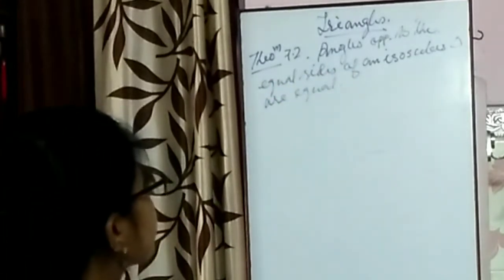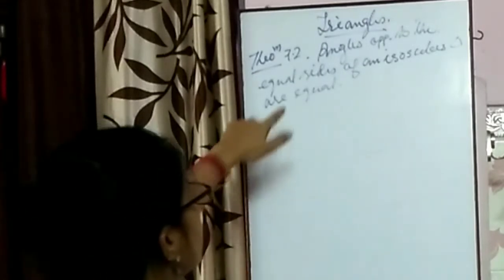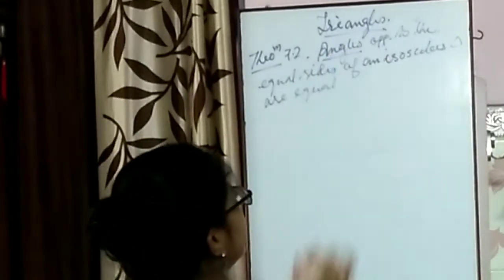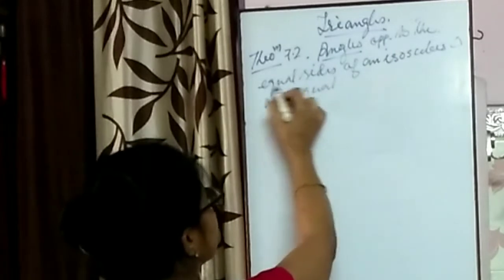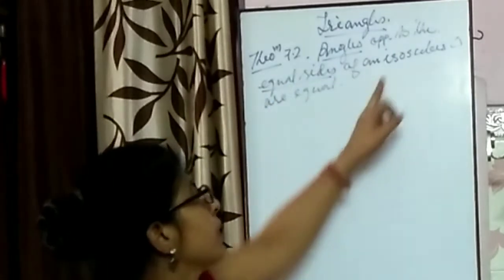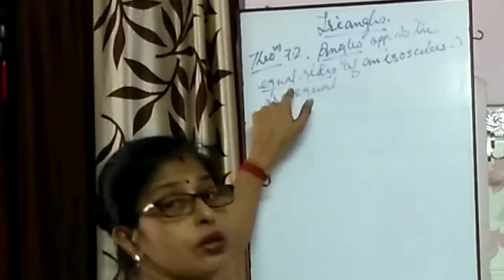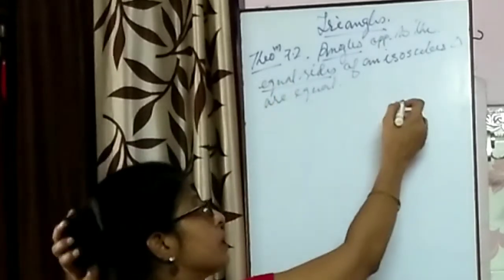That means you have to prove the angles equal, and given that the triangle is an isosceles and the sides are already equal. So what is to be done?